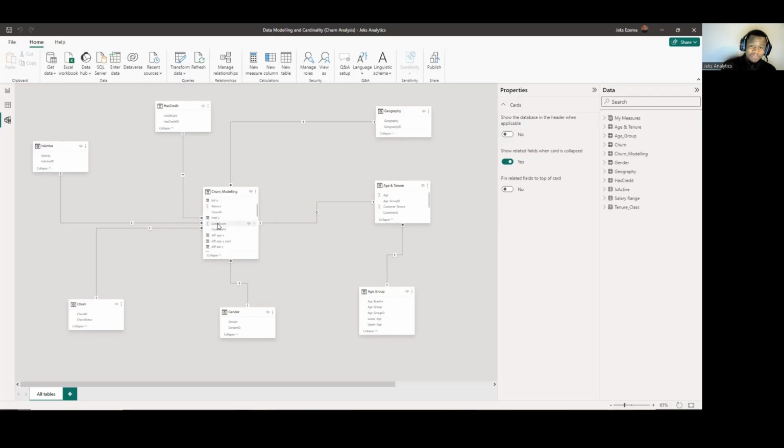One-to-many relationship means the primary key in the dimensional table is a secondary key in the fact table, and what that means is it is non-unique in the fact table. One-to-one means the primary key here is also a primary key here, so it is unique, therefore one-to-one.